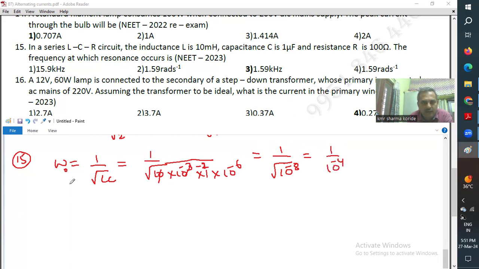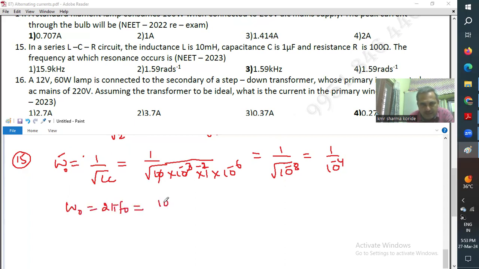Then, since frequency may be the question, let us look at this. So 2 pi f, let us also write 2 pi f. So let us find out angular frequency first, because we are going to find out frequency, not angular velocity. So angular velocity is equal to 2 pi with the frequency.